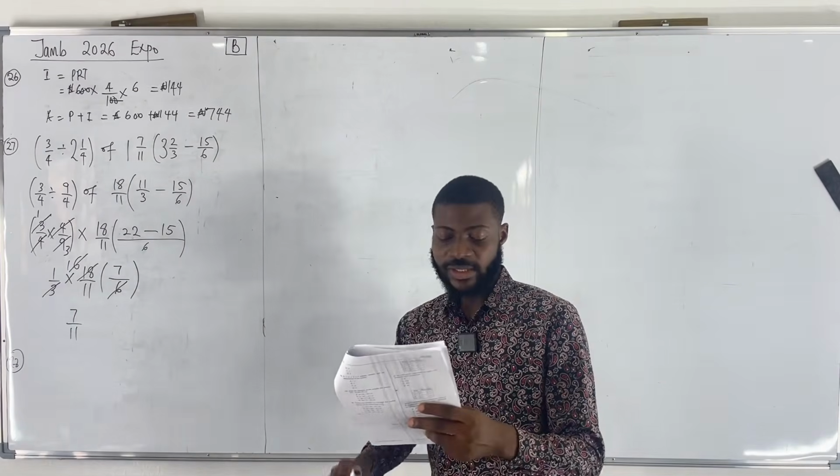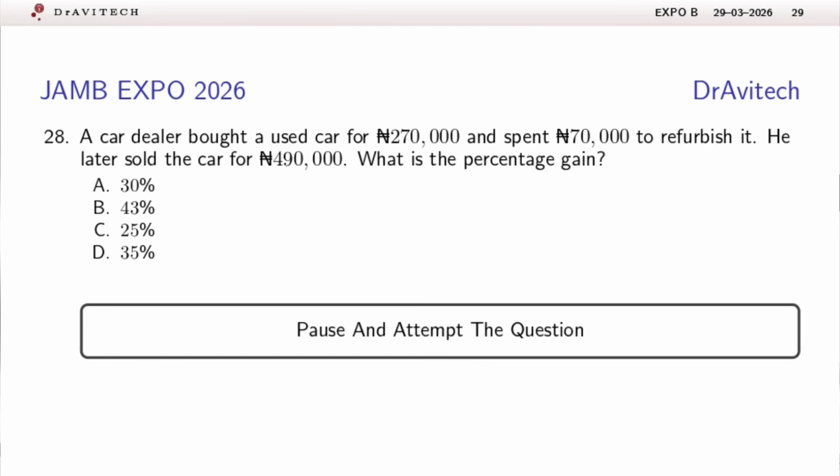So the next question says, a car dealer bought a used car for 270,000 naira and spent 70,000 naira to refurbish it. He later sold the car for 490,000 naira. What is the percentage gain?